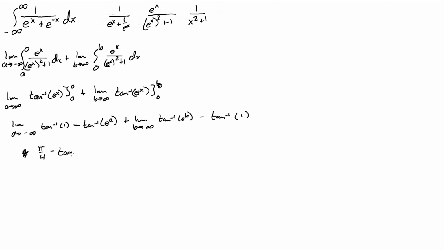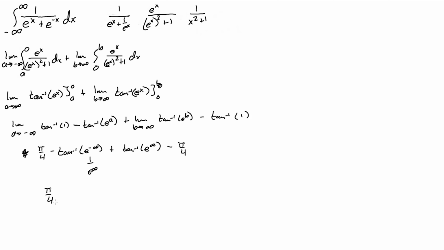Let's go inverse tangent of e to negative infinity, plus inverse tangent of e to infinity, and then minus pi over 4. Well, this is 1 over e to infinity, and that's going to be 0. So inverse tangent of 0 is 0.